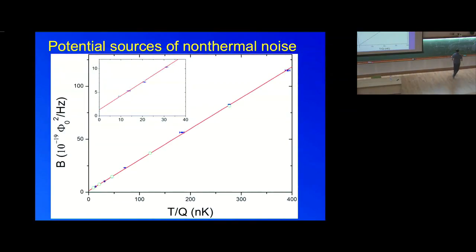So the point is, when the temperature here is larger than this, it becomes already something like a straight line to 0. So this is the T node.